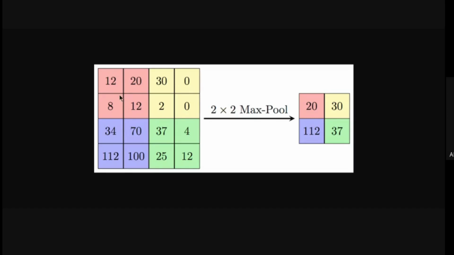So in an average pool, this would be 28, 24, I think it would be 13. And for the min pooling, this output would be an 8 for the red matrix.